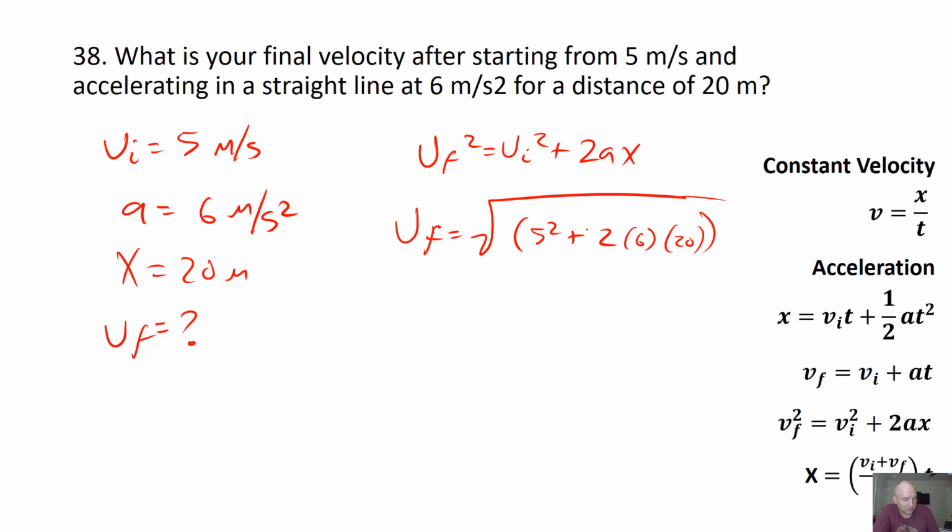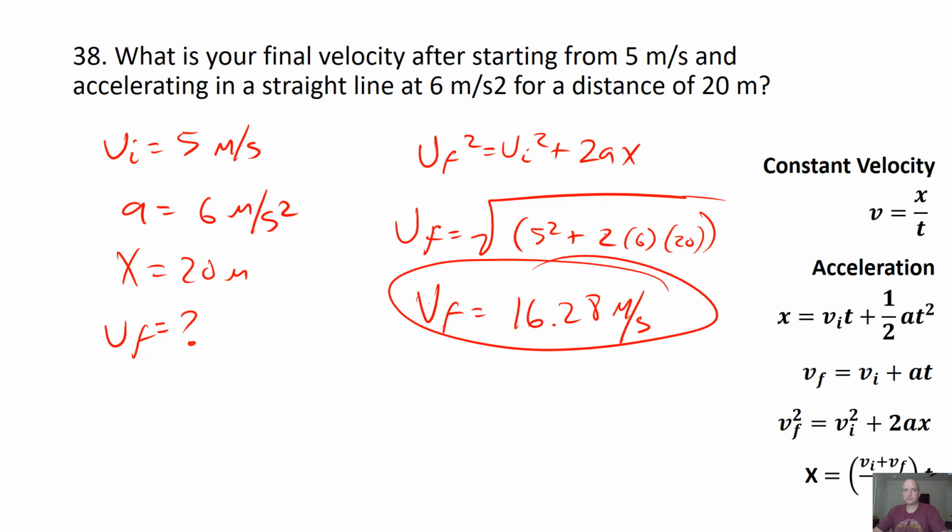I hit second, and this is right above the squared on my calculator. If you have a TI, that's where it's going to be located. And then I hit second, and the little negative at the very bottom, not minus, but the negative, there's an A and S, and if you hit that, close the parentheses after that, you can take the square root of the last answer in your calculator's memory. And so it pulls right back in the number from before. So VF equals 16.2, let's make it 28 meters per second. And so that's my answer for this one.